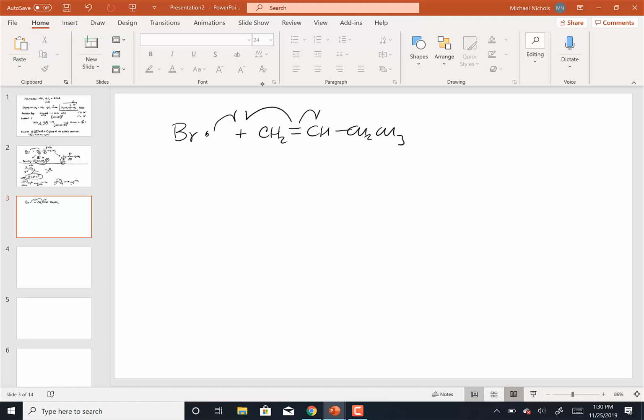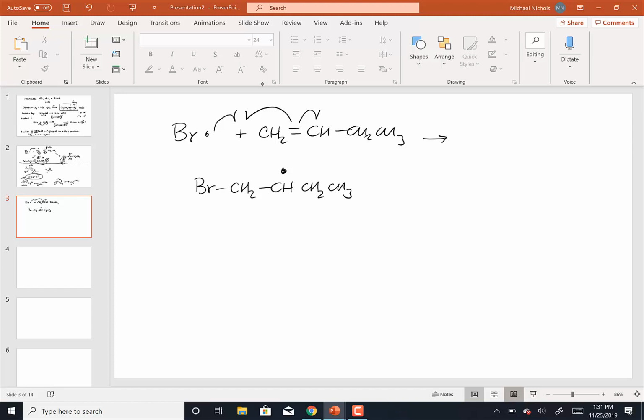So that would be how the arrows work with the double bond. I would end up with the Br attached to the CH2 with the CH dot.